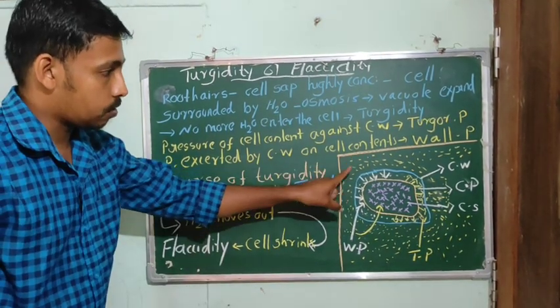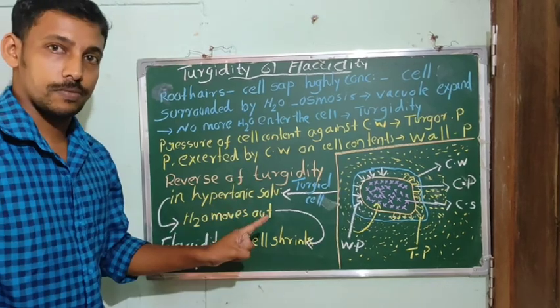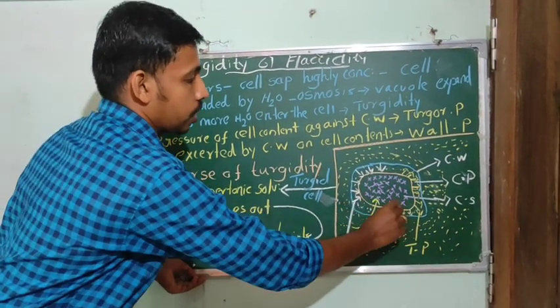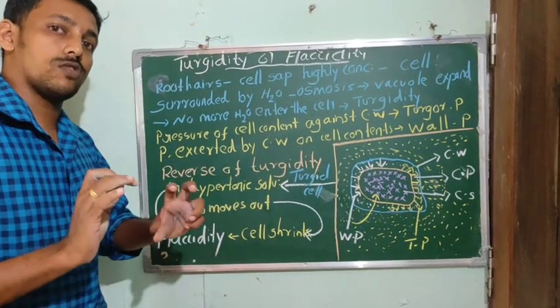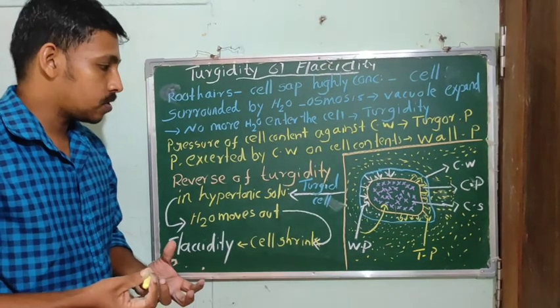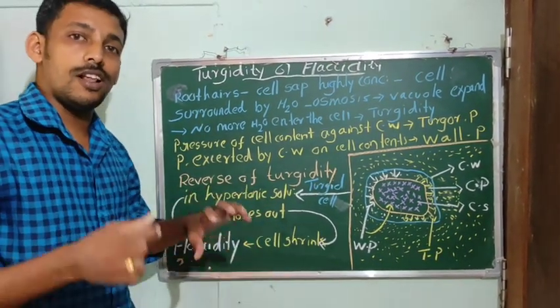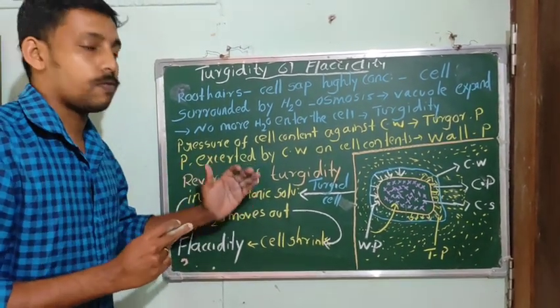So we are now placing this turgid cell in a hypertonic solution. At that time, the water from the cell moves outside. That is exosmosis. Due to this exosmosis, the cell cytoplasm will shrink. That is just a reverse of turgidity.